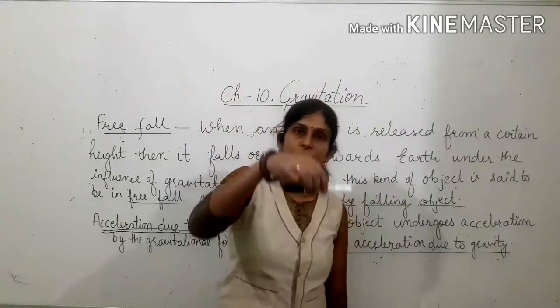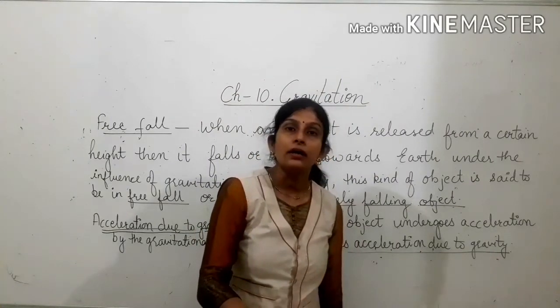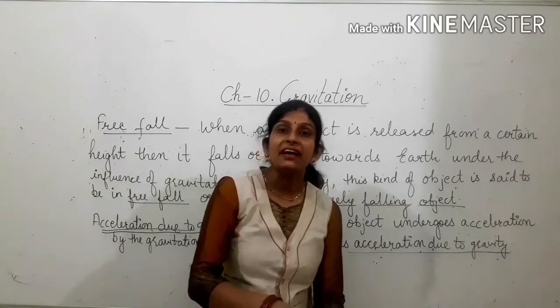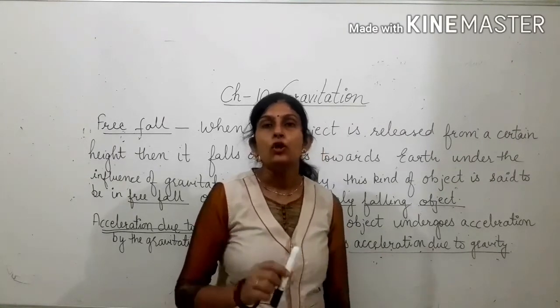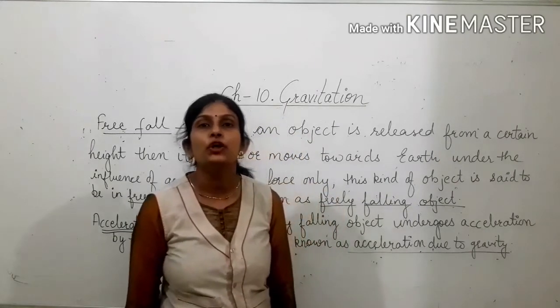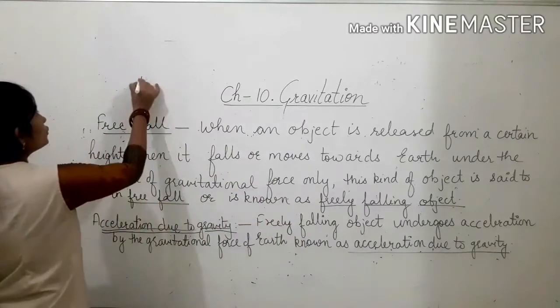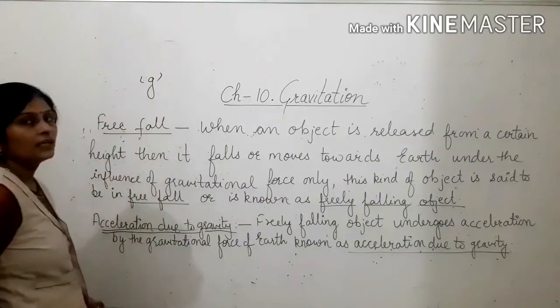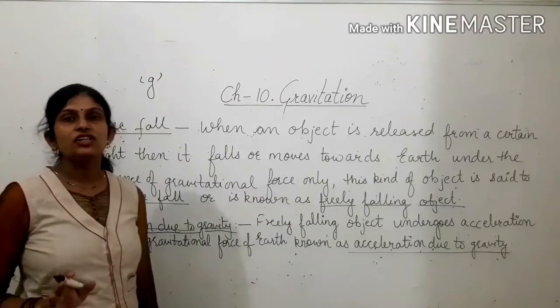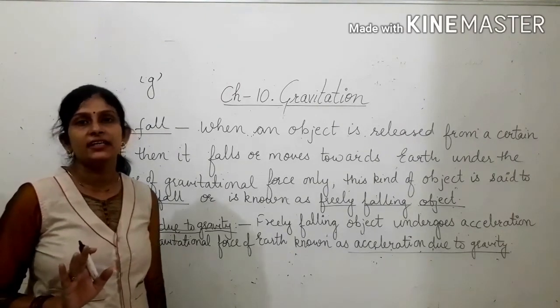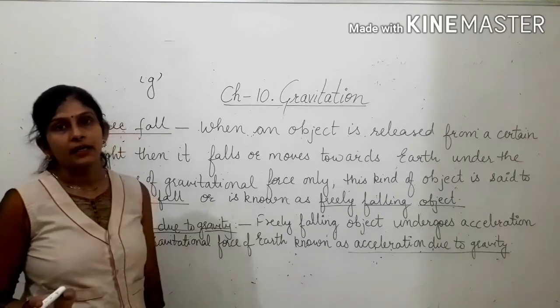This kind of freely falling object undergoes or experiences an acceleration by the gravitational force of Earth, known as acceleration due to gravity, which is denoted with small g. Simply, acceleration is denoted with small a, which we already studied in chapter 8 and 9.